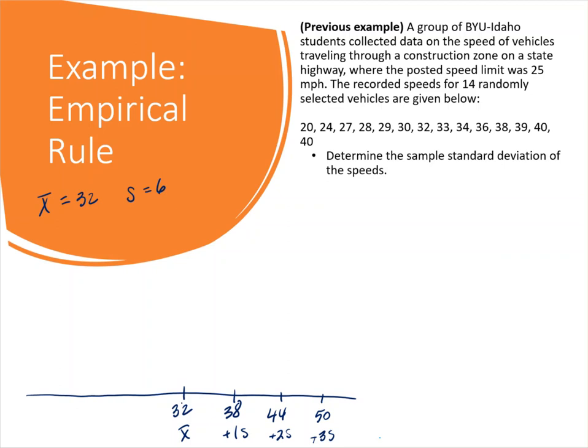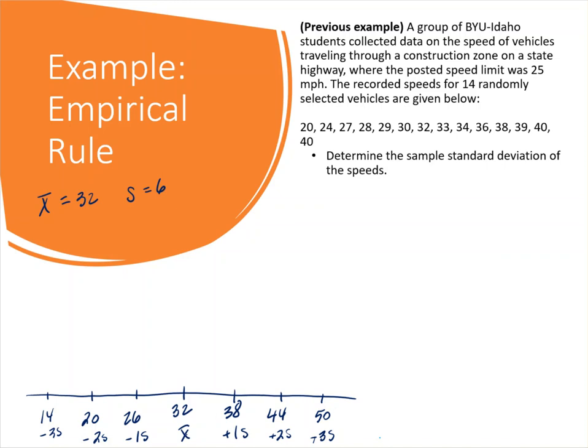We're going to do the same thing going in the opposite direction. So 32 minus 6 gives us 26, which is minus 1 standard deviation. 26 minus 6 is 20, or minus 2 standard deviations. 20 minus 6 is 14, or minus 3 standard deviations. So that's how I calculate the numbers on this number line.